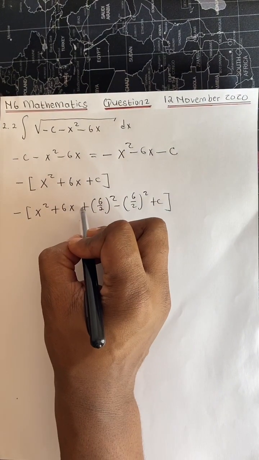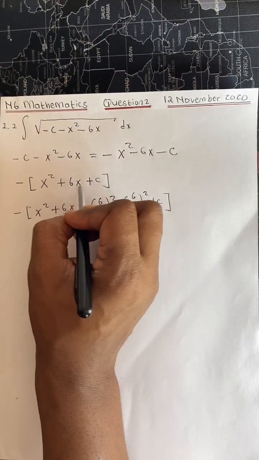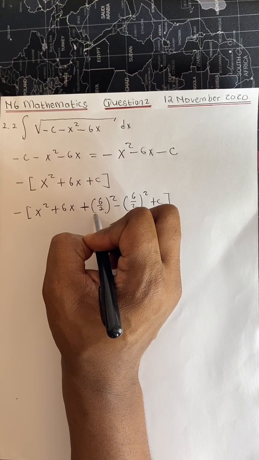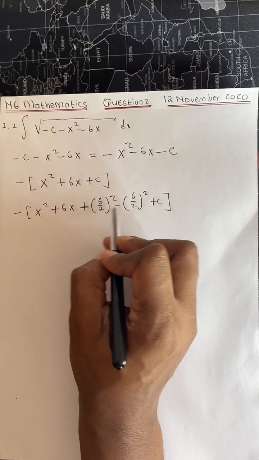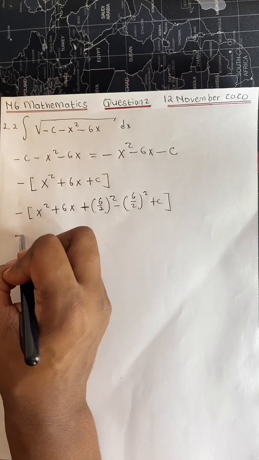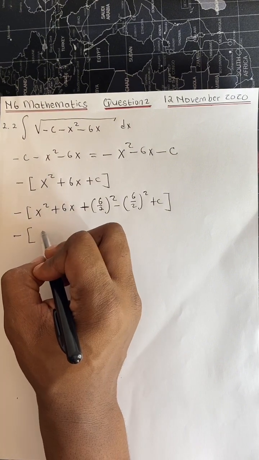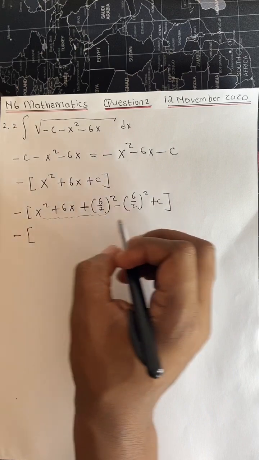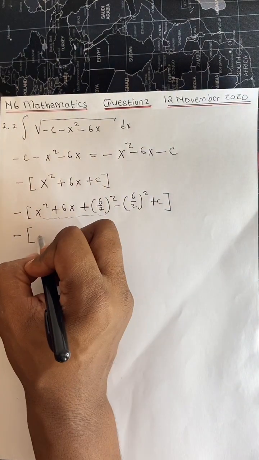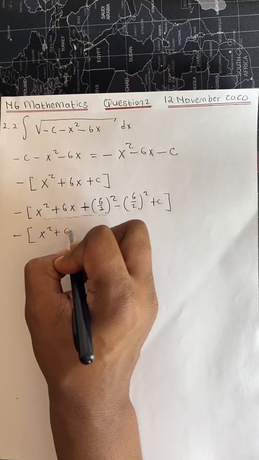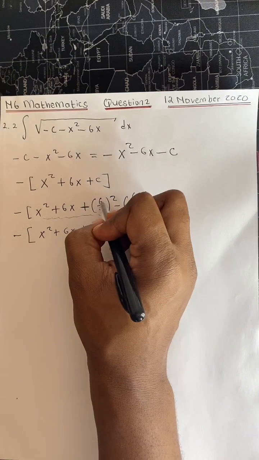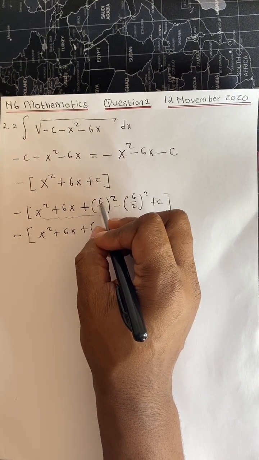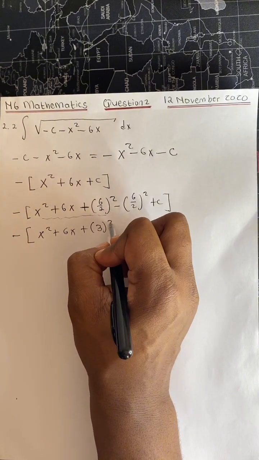Notice that we didn't change this expression, because this minus that will be equal to 0. The next step is for us to now factorize this part. So 6 divided by 2 is equal to 3.